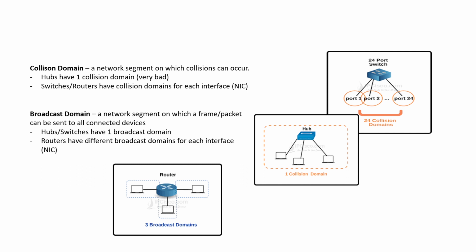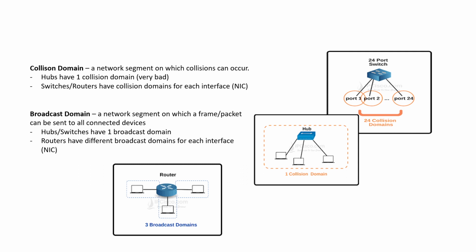And that happens because they are on the same collision domain. If we look at a hub, for example, a hub has one collision domain. And this tends to be very bad, because as we send the packets, there is the possibility that these packets can collide, by virtue of the fact that all the devices are on one collision domain.